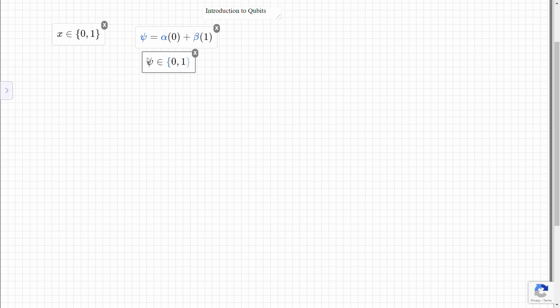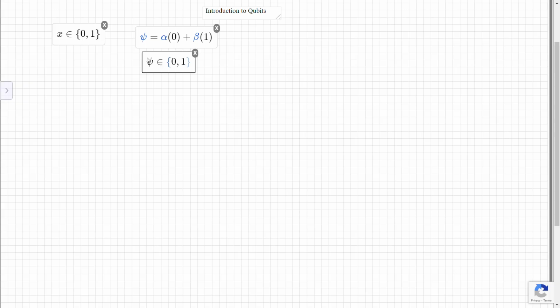We have 0 and 1, we can even increase it to 0, 1 and 2. Then imagine the state can be both in 0 and 1, both in 1 and 2, both in 0 and 2, and so on and so forth. There will be more combinations. So the amount of information a qubit can encode is much higher than the amount of information that classical computers can encode. But there's a catch.